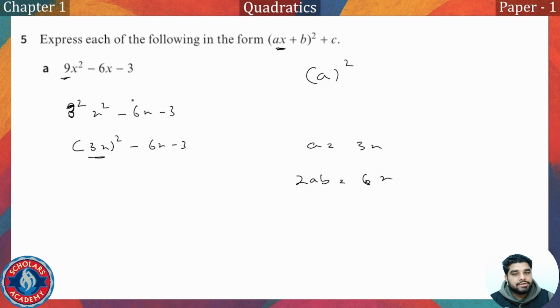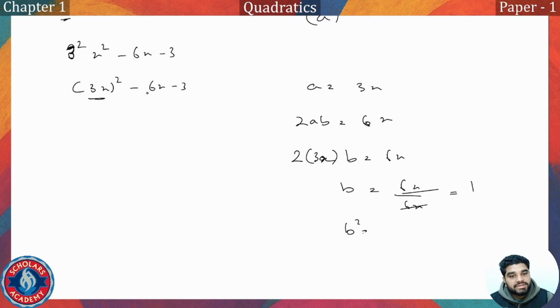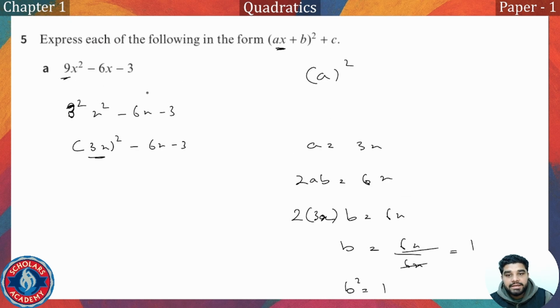So 2 times 3x times b is equal to 6x. b is equal to 6x upon 6x, cancelled out, 1. If b is 1, b square is also 1. So we get (3x) whole square minus 6x plus 1 minus 1 minus 3.